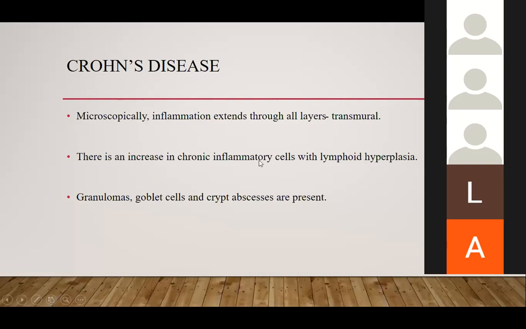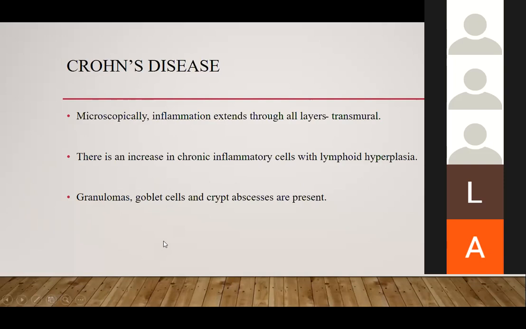Then you have lots of macrophages being recruited. When you have aggregation of macrophages, we call them granulomas. So when a lot of macrophages come together, we say that a granuloma has been formed.